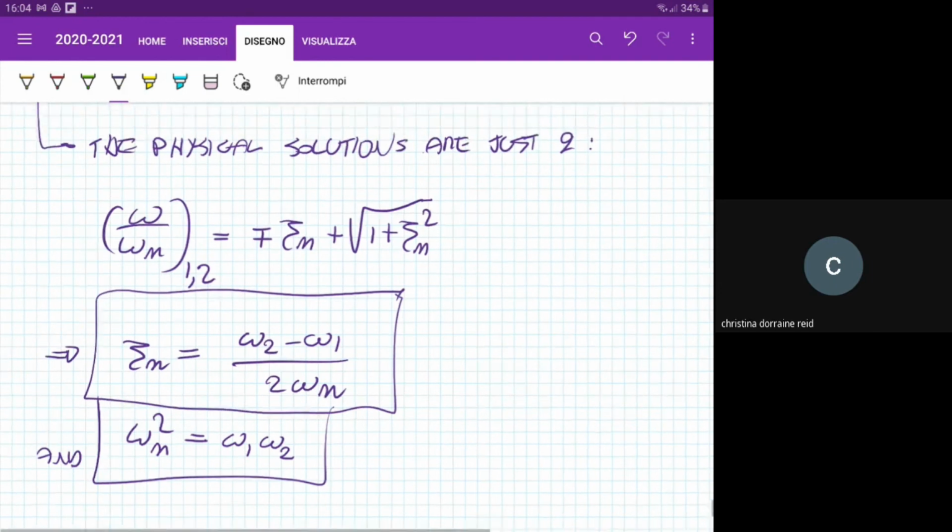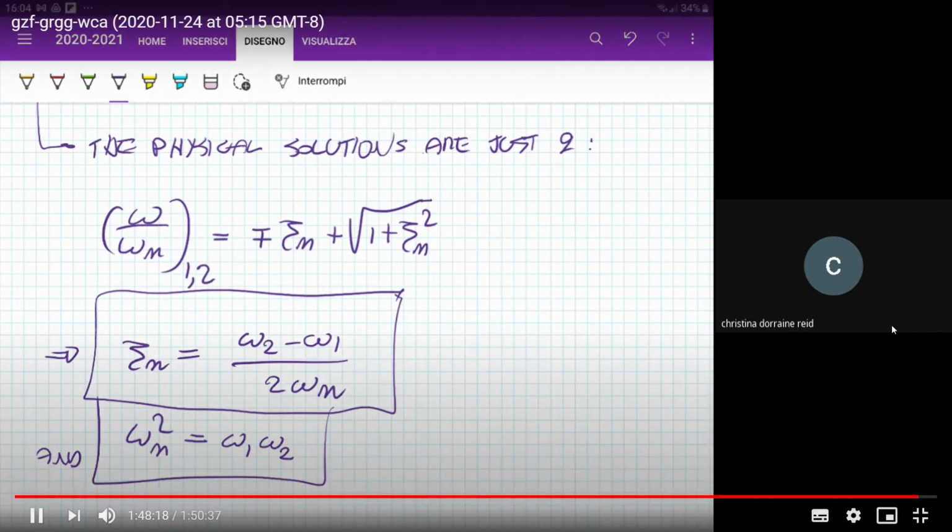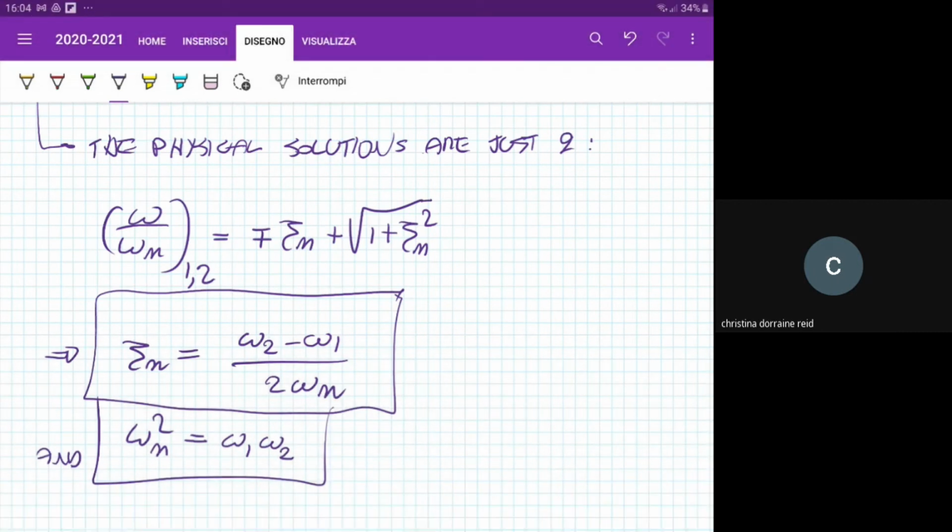If we know those half power frequencies, omega 2 and omega 1, then it is very easy to find the damping ratio, because it is simply given by omega 2 minus omega 1 divided by 2 omega n.